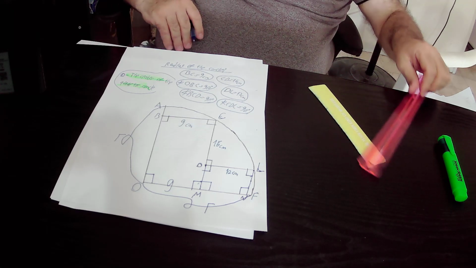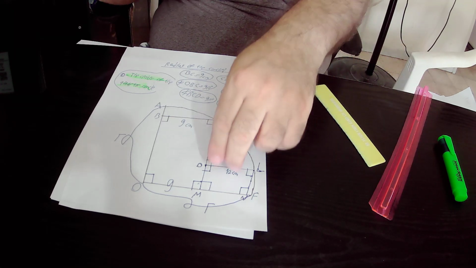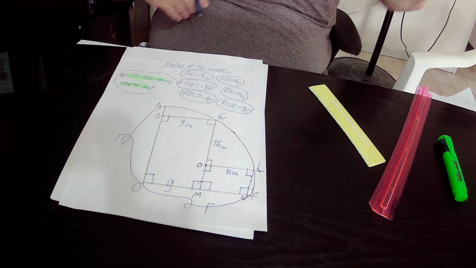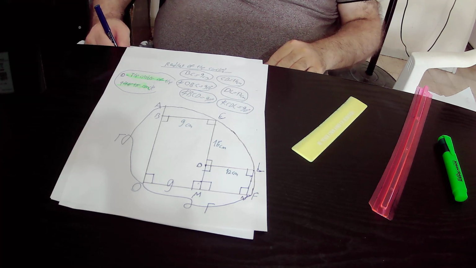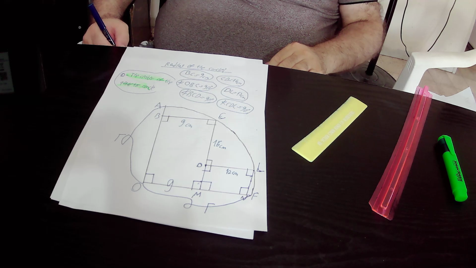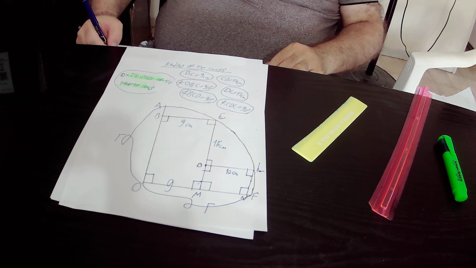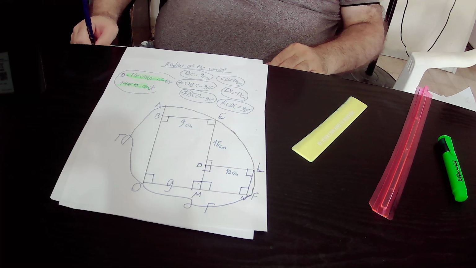So we actually found out that inside quadrilateral DLMN we have 4 right angles, and any quadrilateral that has 4 right angles must be at least a rectangle if not a square. So we relate to quadrilateral DLMN as a rectangle.